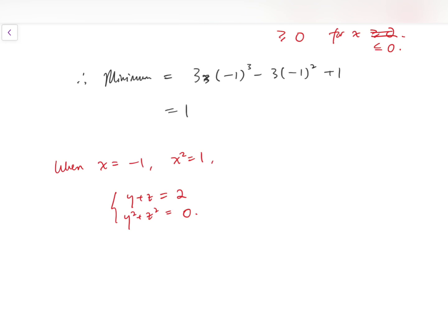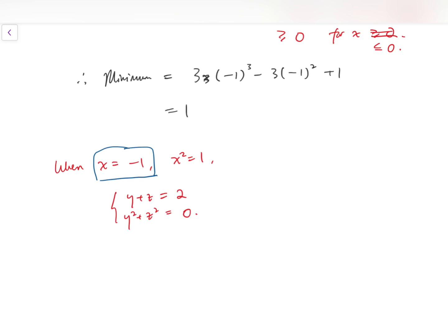So what's the problem over all the steps? It turns out that x cannot be minus 1. So that means the bound that we have done previously is not accurate enough.